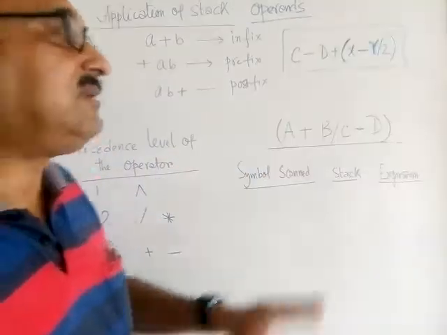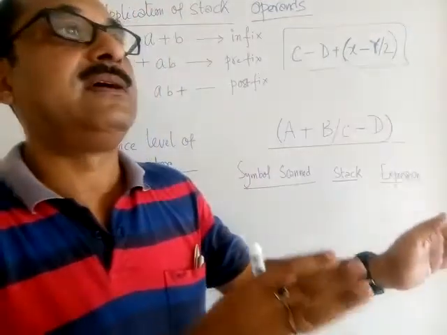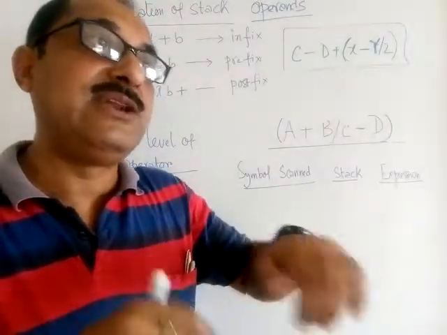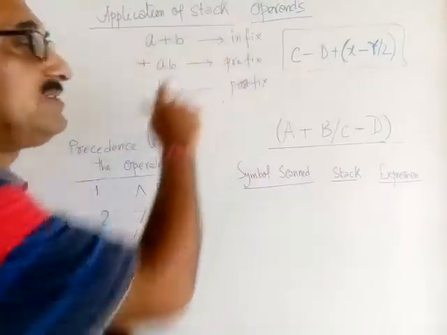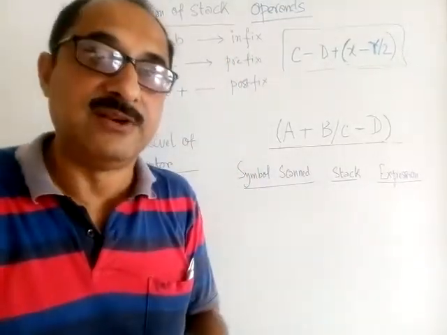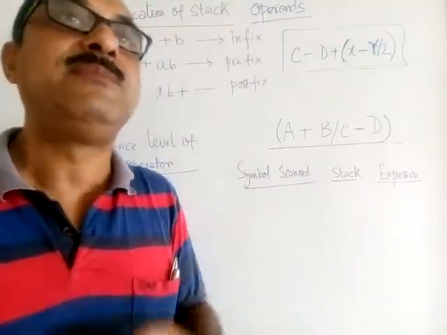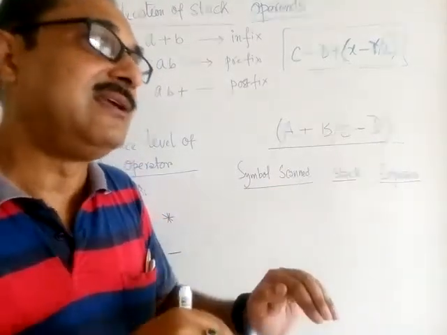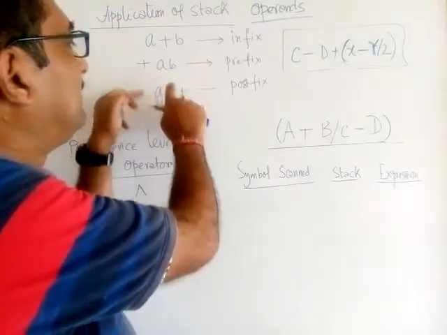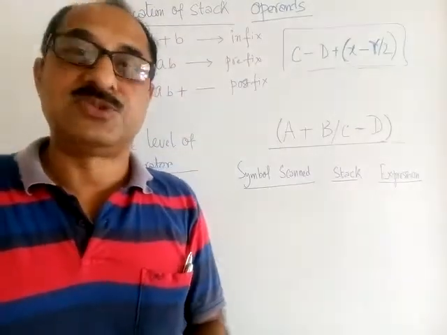So scientists found that in order to make a compiler and an interpreter educated about the BODMAS rule, this kind of expression is not going to be very helpful, because it was giving some problem in designing their coding, or rather their coding becomes a little easier if they could think like this: prefix and postfix.